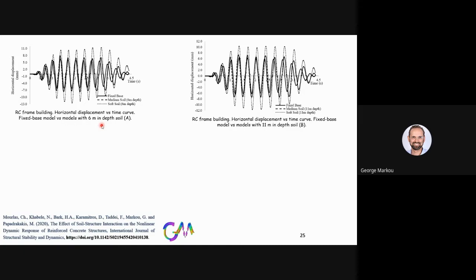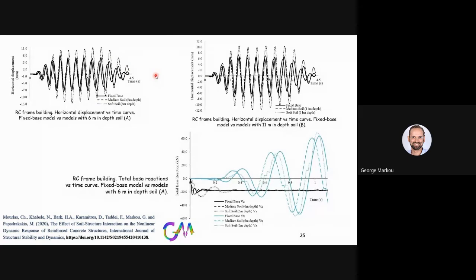And definitely, for the case of the horizontal displacement, it's easy to observe that the soft soil model was the one that developed the largest displacement for both cases, 6 and 11 meters depth of soil domain. And we also investigated the vertical oscillation and the vertical base shear.